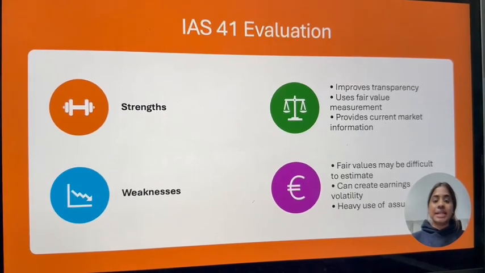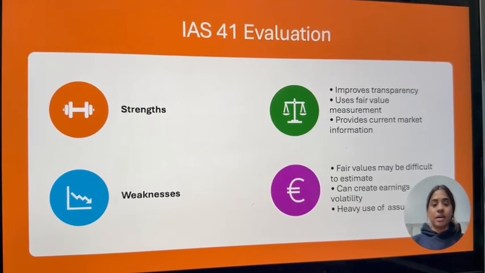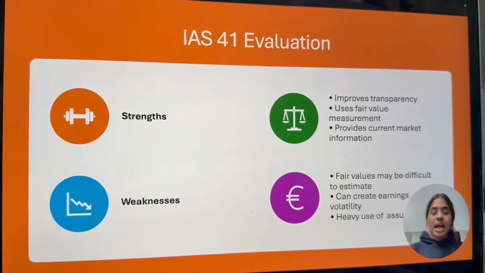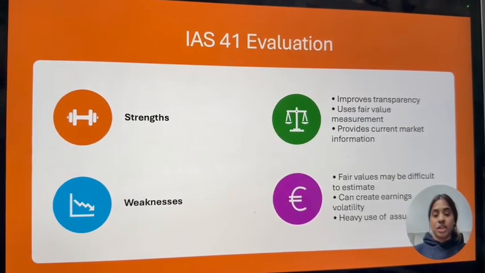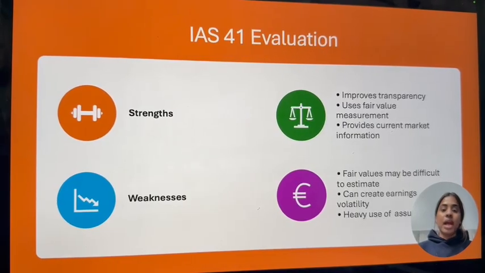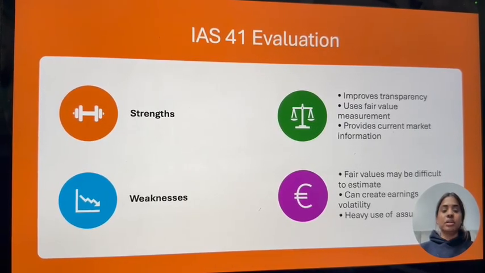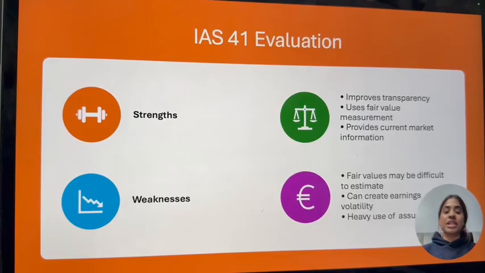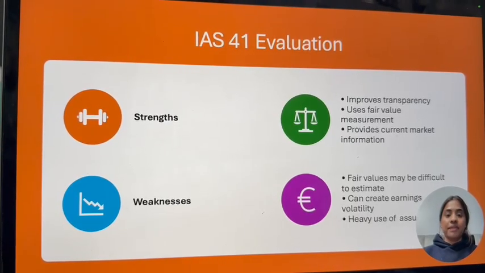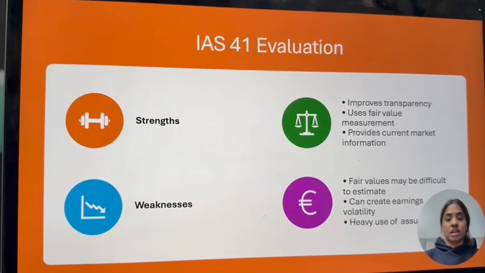Depending on the asset, there might not even be a clear market price, so companies have to rely on estimates. Because of that, you can get a lot of fluctuation in earnings from year to year, even if the actual operations didn't change that much.